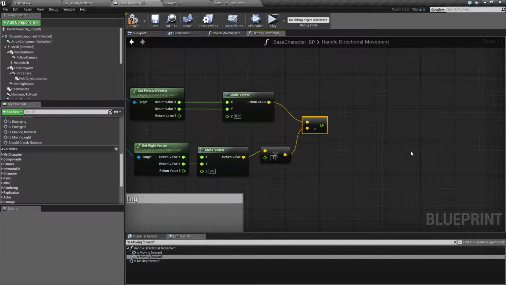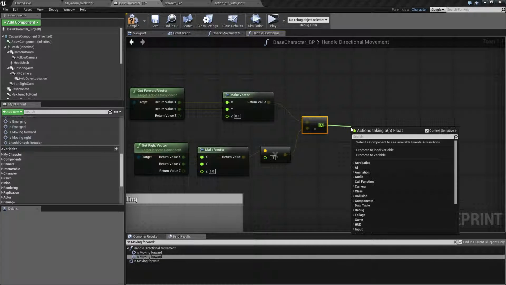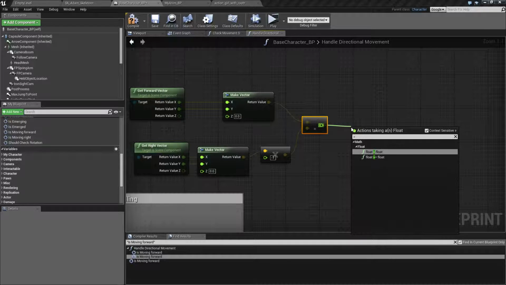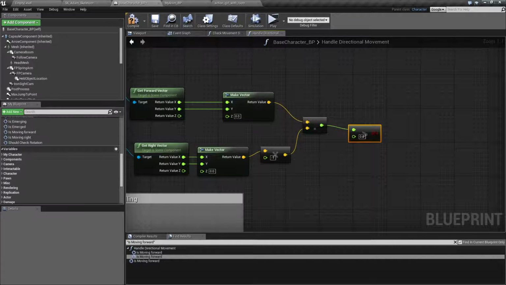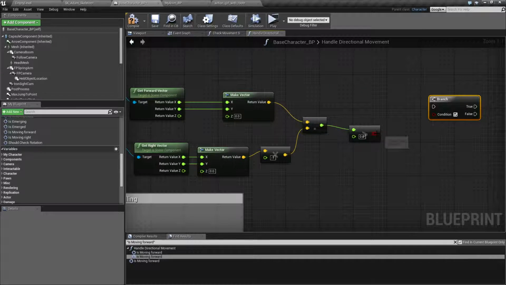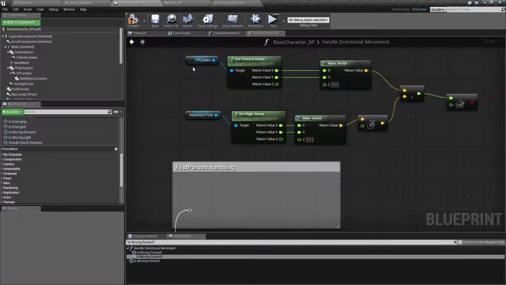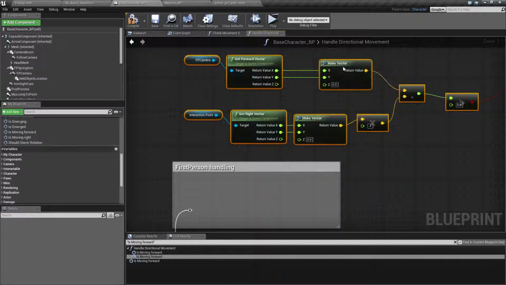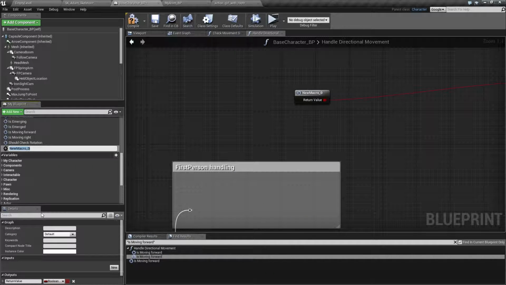So if this is greater than 0, then we know we are facing right. Okay. So all this we want to collapse to a macro and call this as facing right.